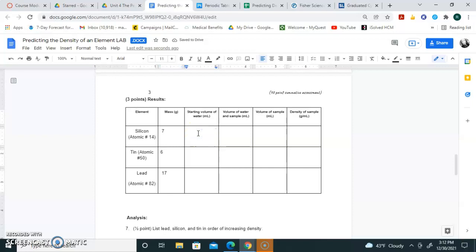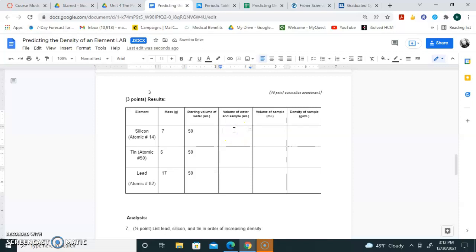For volume, the starting volume of water, so basically what we did, we took our graduated cylinder and filled it with water up to a certain point. The volume of water that I started with was 50 milliliters for all of them.